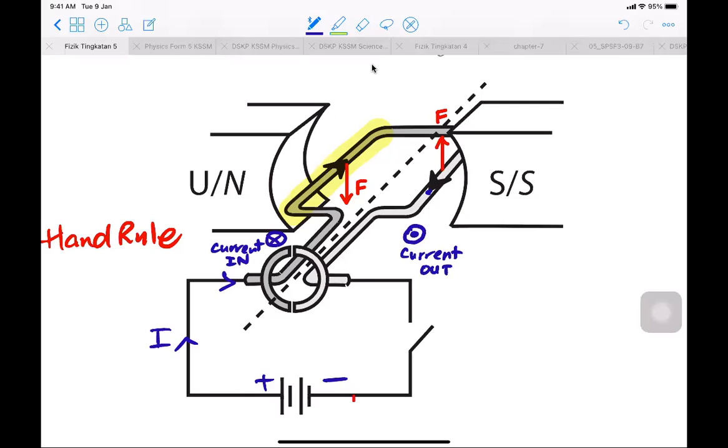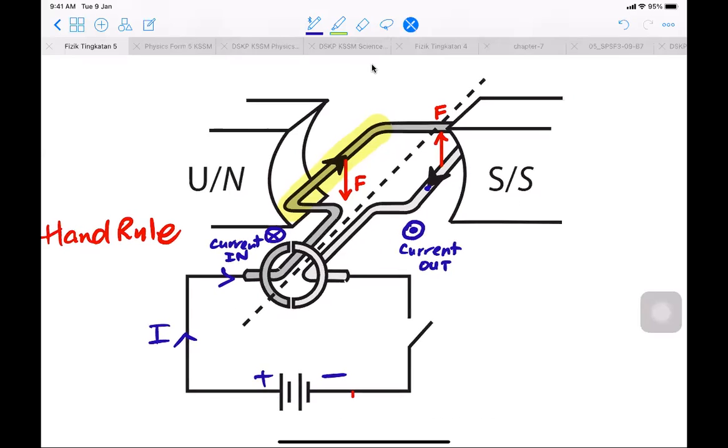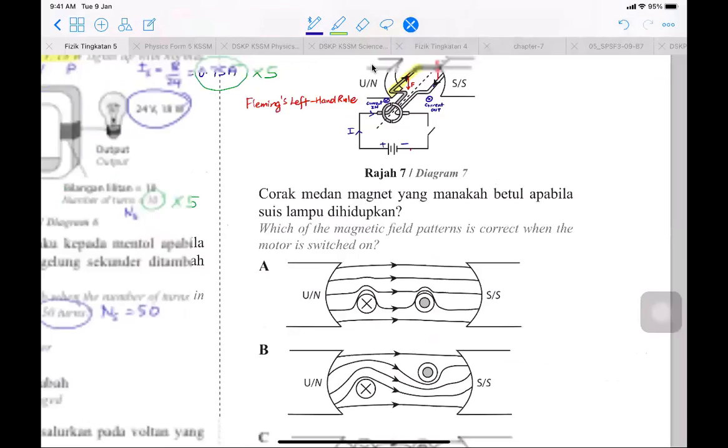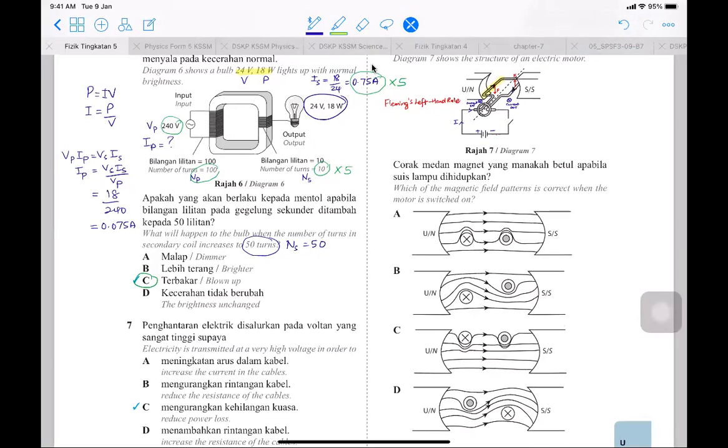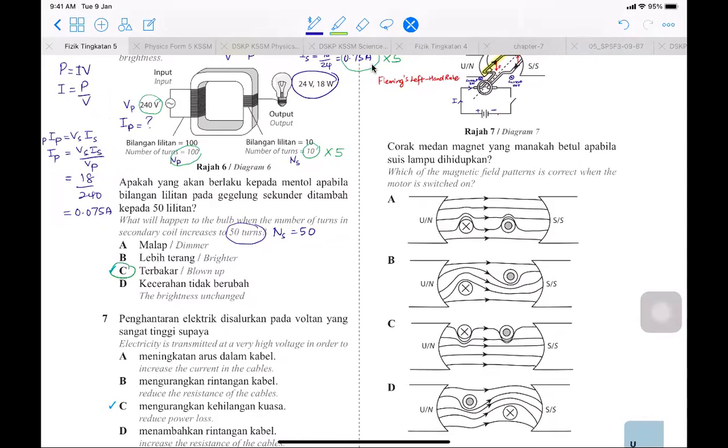Okay, current out. So based on that one, which one do you think is the correct answer? Which one? A, B, C, D. Which one? B. You check. Yes.